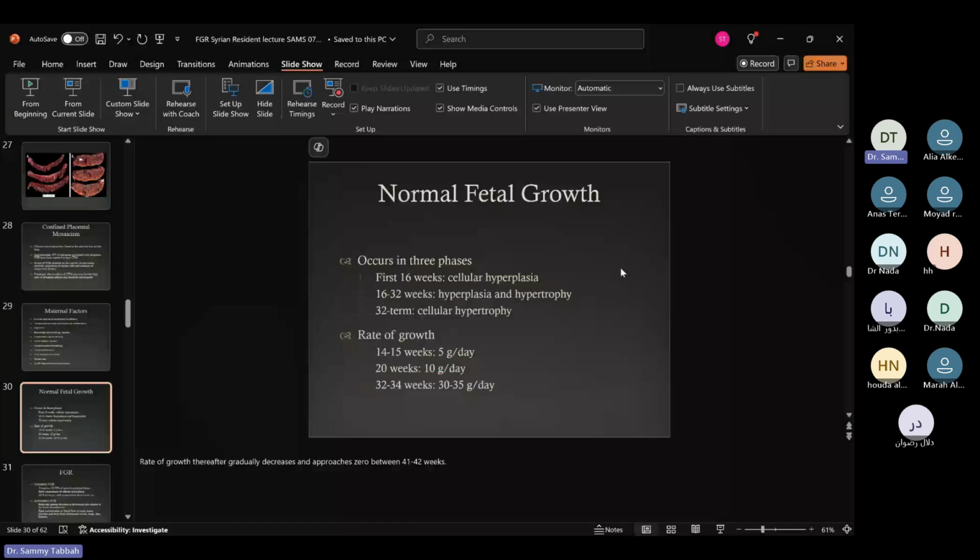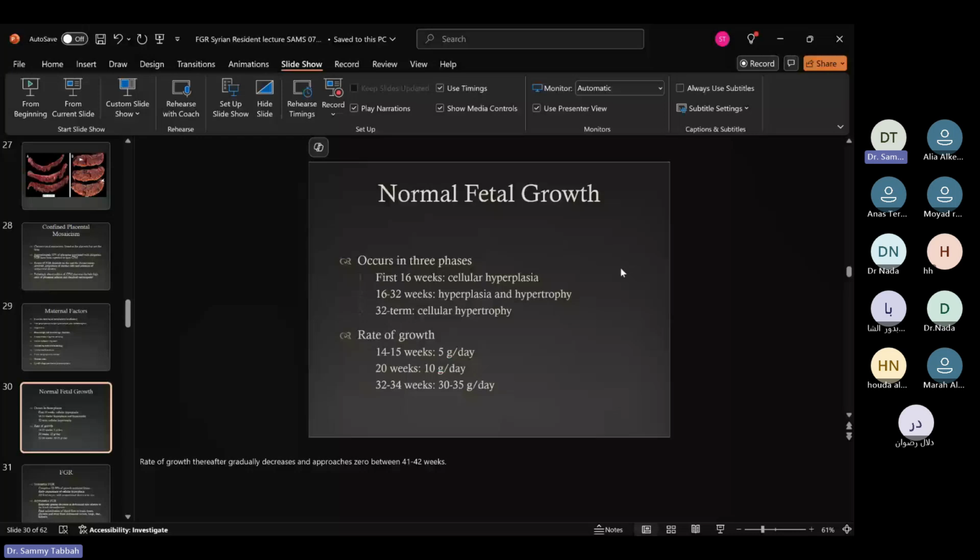And beyond 32 weeks, you have cellular hypertrophy as the sole contributor of fetal growth. It's also helpful to know what the normal rate of fetal growth is throughout pregnancy, so that you're able to determine if fetal growth is appropriate.